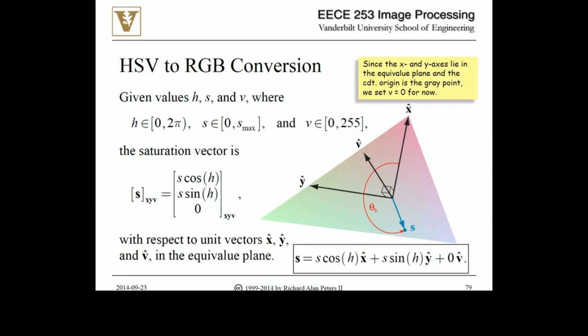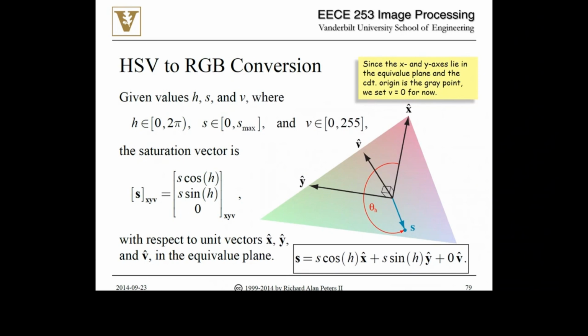And this is in the XYV coordinate system. Would you agree with that? If your coordinate system is the XYV, then this S vector is on the floor, which is why it has 0 as the third component.